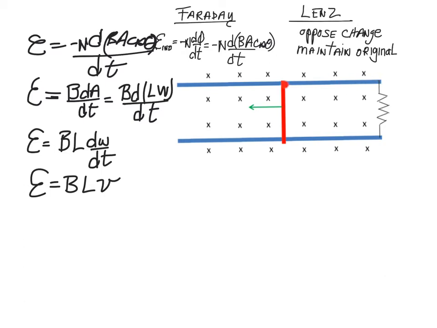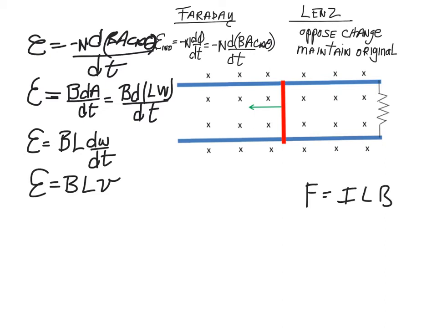However, once the current starts flowing, we have current going in this direction in a magnetic field. So think about it. That's right-hand rule number 1, right? Go back to week 9. The force on a current carrying wire is ILB.